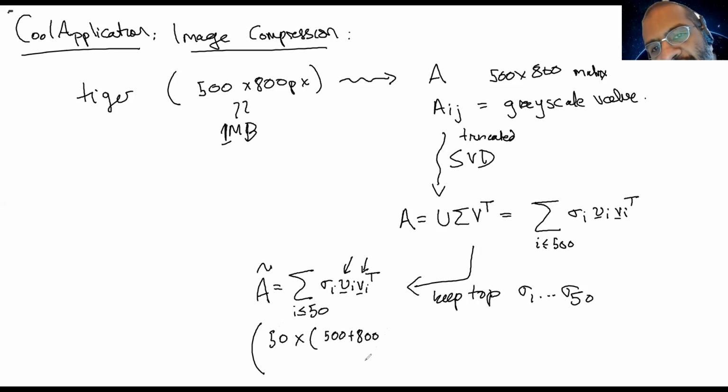For each term, I don't need to store all the entries. I just store the 2 vectors. So the total space for this, if you work it out, is about 100 kilobytes, maybe like 65 kilobytes or something. Okay. So by throwing away all the small singular values, this is where you get the compression.